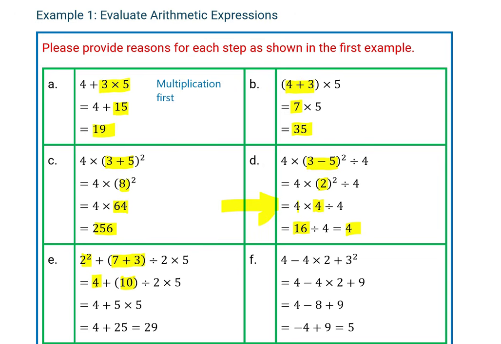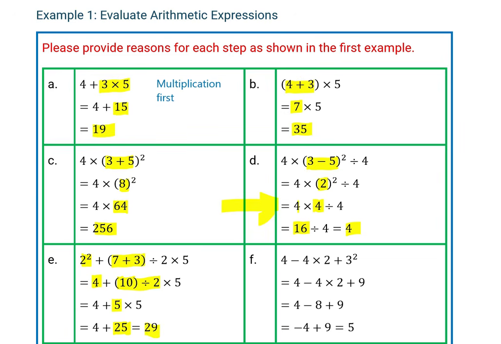Now, as you can see, it is multiplication and division's turn, right? If you go from left to right, first you divide by 2, then multiply by 5. So 10 divided by 2 is 5, and then multiplied by 5 is 25. When added to 4, you get 29.